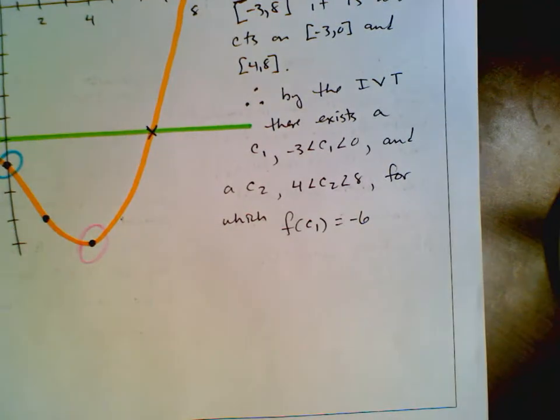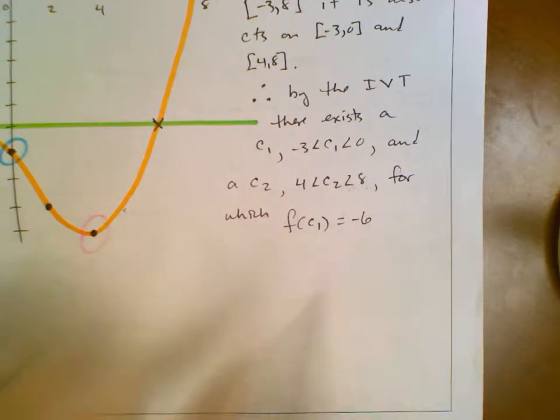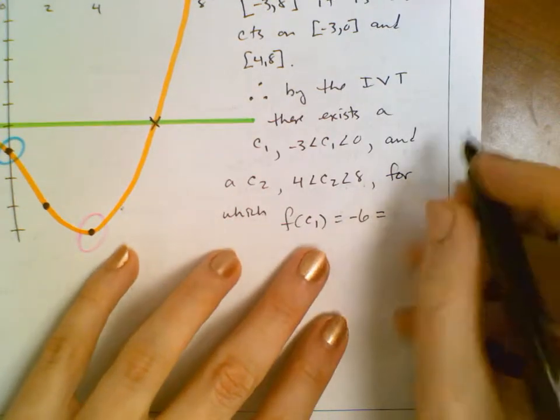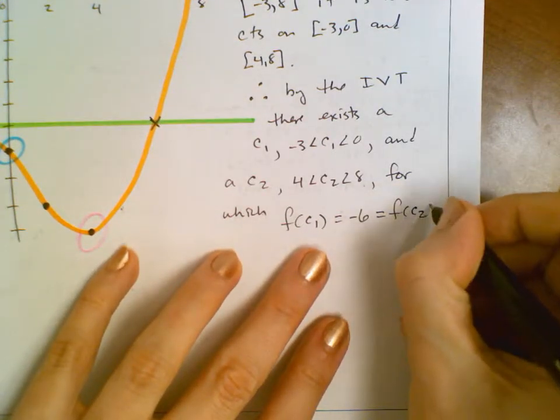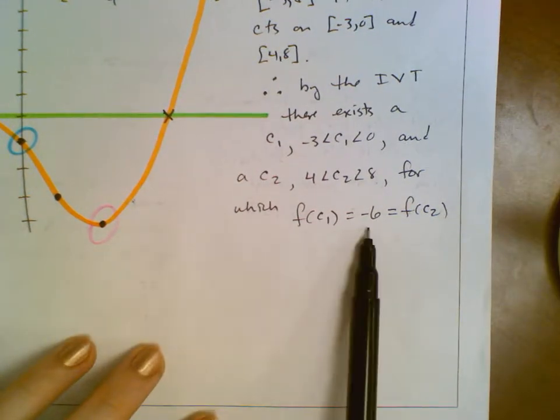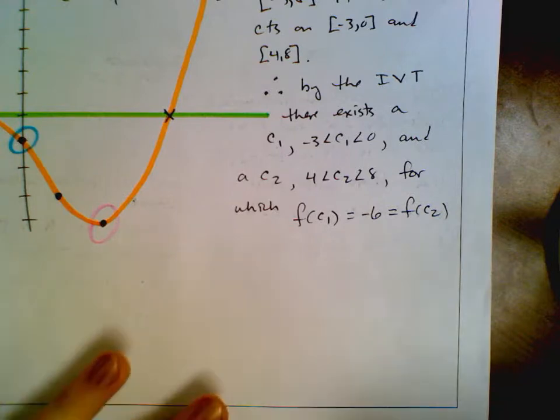You could do two separate equations, f of C1 equals negative 6 and f of C2 equals negative 6, or you could just do one run-on equation like that. That is legal. For which f of C1 equals negative 6 equals f of C2.